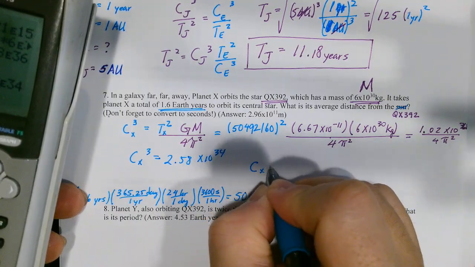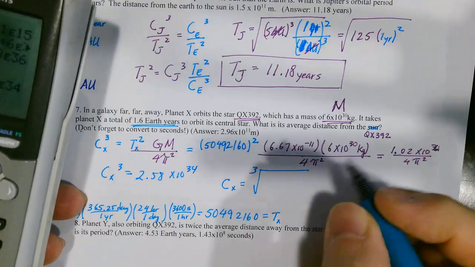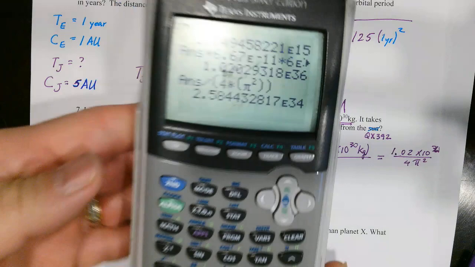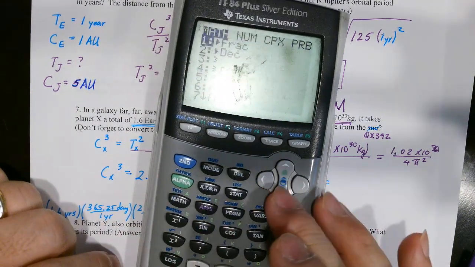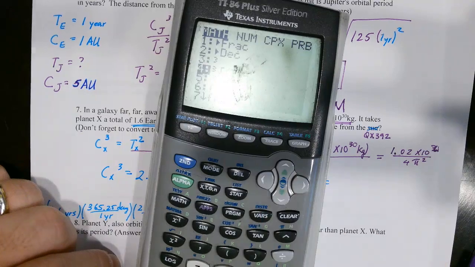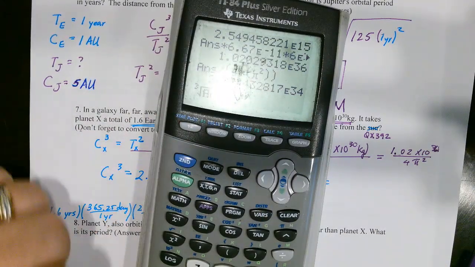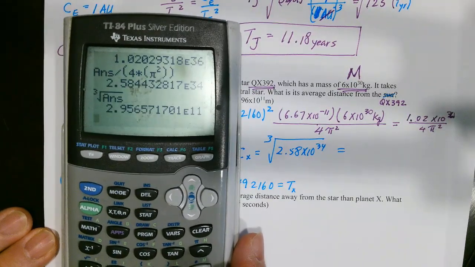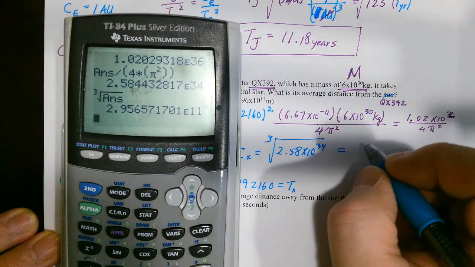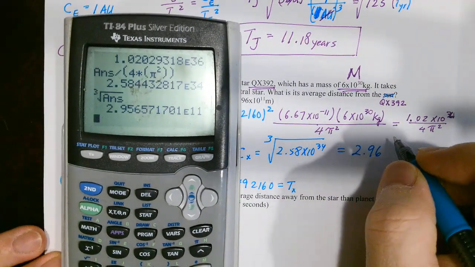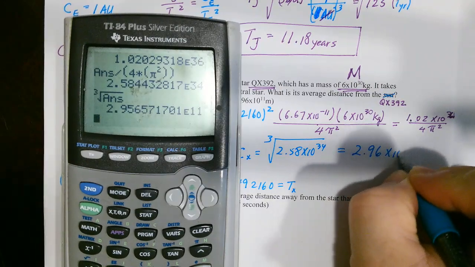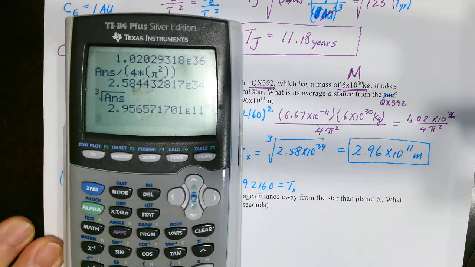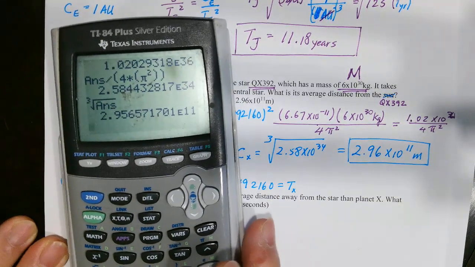So cx is equal to the cube root of that, which is 2.58 times 10 to the 34th. So if you cube root it, you could go to math, and then you do cube root of the answer. And then you'll get something like 2.96 times 10 to the 11th meters is how far away that planet X is from that QX 392.